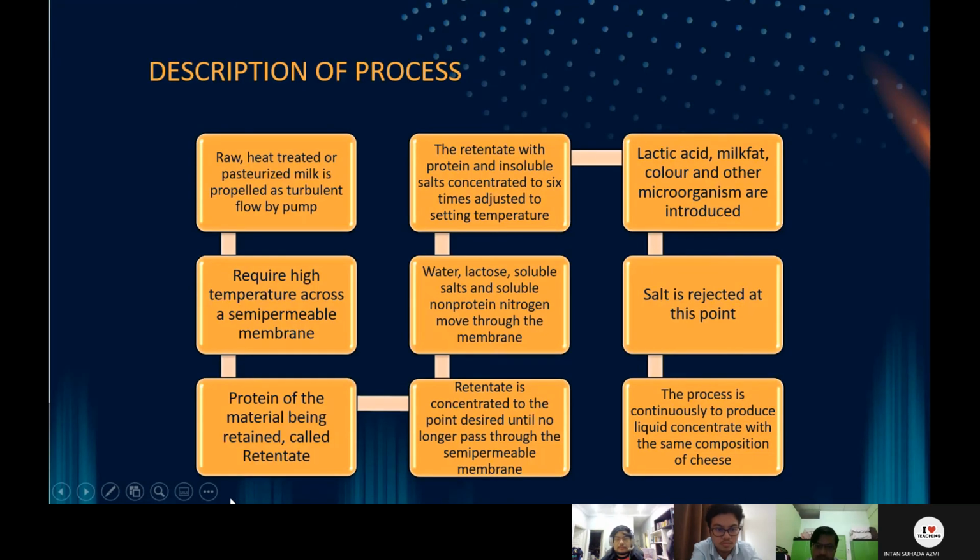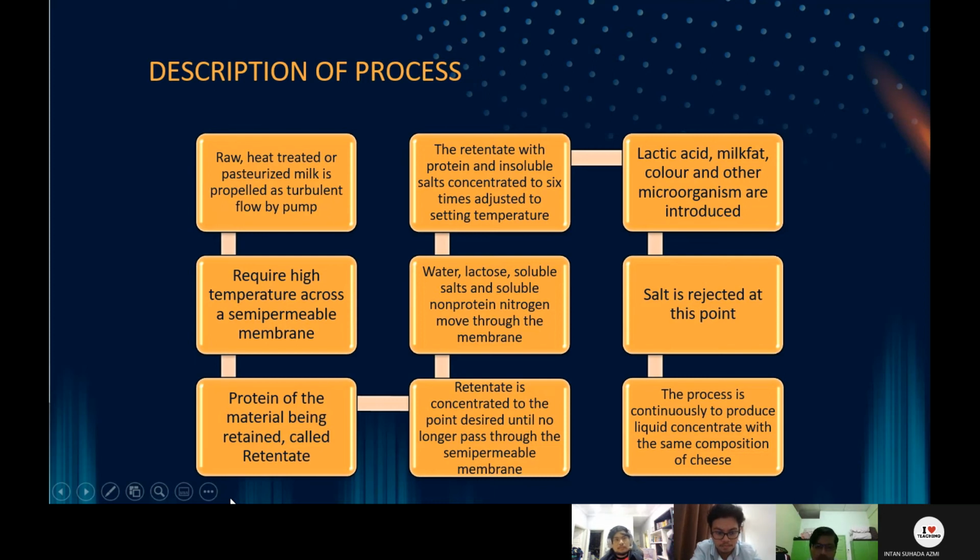So first, the heat treated or pasteurized milk is pumped as turbulent flow, by pump or by an inert gas, at either low or high temperature across a semi-permeable membrane.